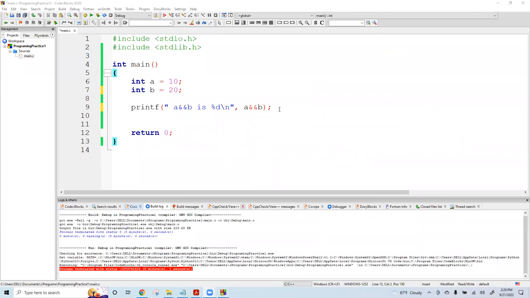Most of the people say 0, and some people say 1.